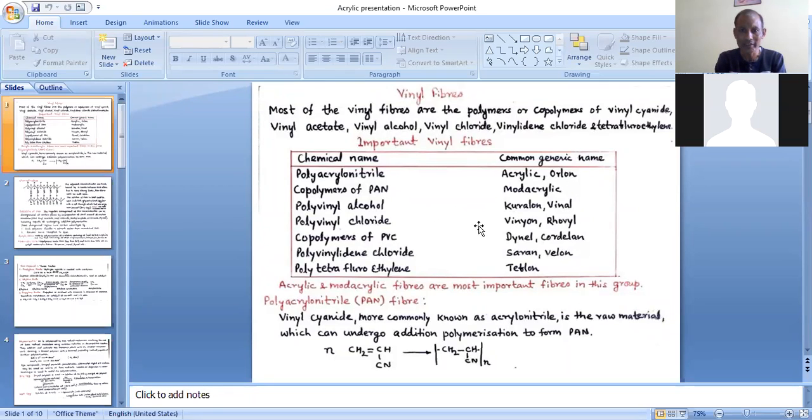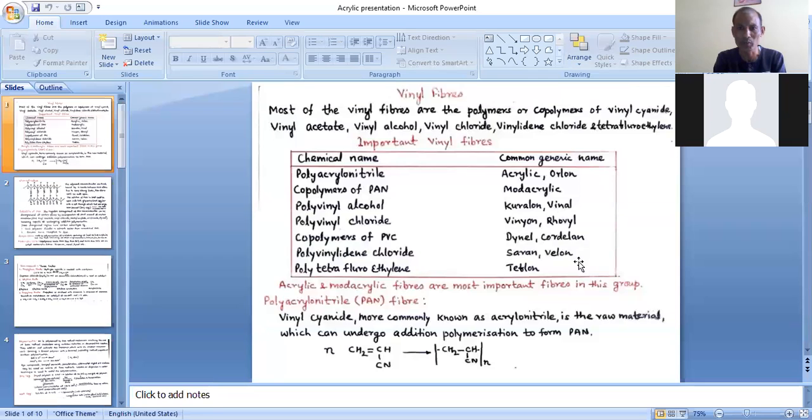Polyvinyl chloride category is Vignon and Rovell. Copolymers of polyvinyl chloride are dinyl and cardilon. Polyvinylidene chloride is Saran and Villon. Polytetrafluoroethylene, the name of the fiber is Teflon.